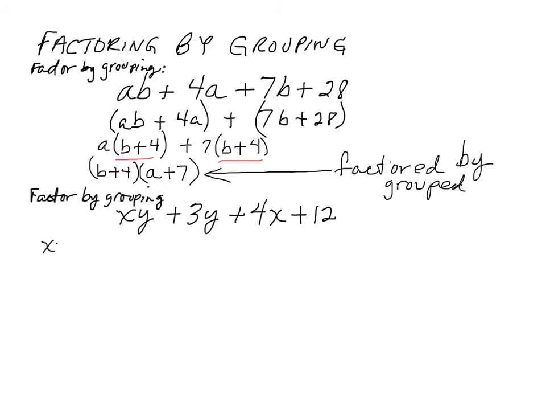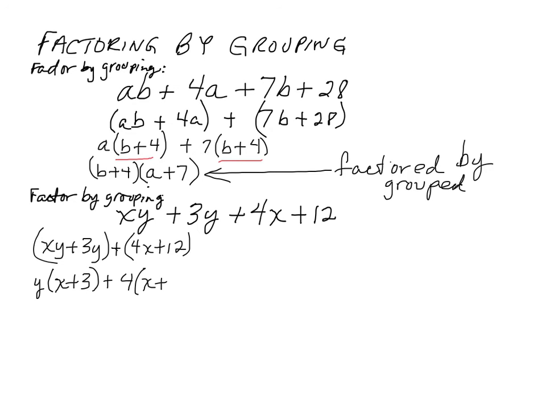I can group xy plus 3y plus 4x plus 12 because xy and 3y have a y in common and 4x and 12 have a 4 in common. Then I can factor out from the first one the y, and it leaves me x plus 3. The second one, I can factor out the what? 4, and it leaves me x plus 3.